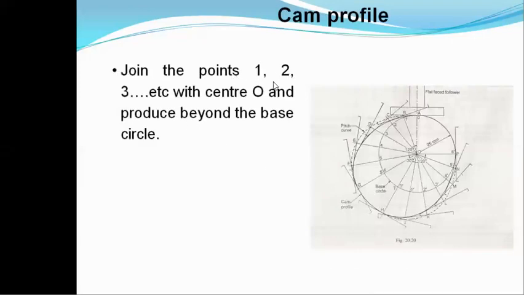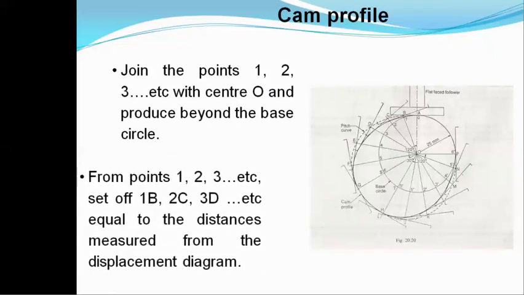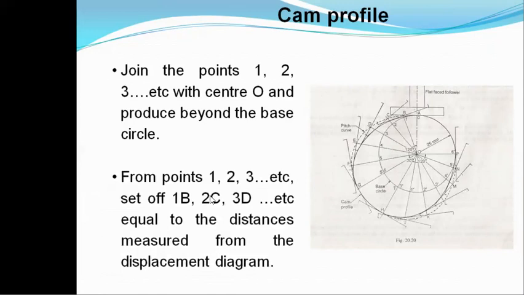Join the points 1, 2, 3, etc. with the center O and produce behind the base circle. From points 1, 2, 3, etc., set off 1B, 2C, 3D, etc. equal to the distances measured from the displacement diagram.